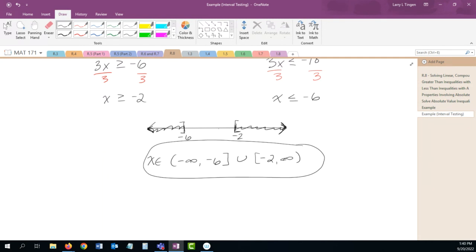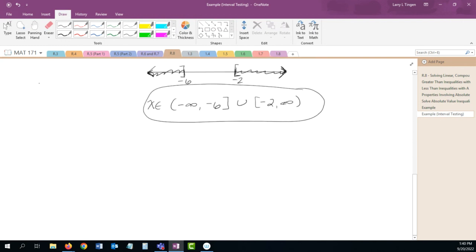And if I have a number greater than negative 2, it is a solution. So we can do a check of our intervals to see if we're right. So this left-hand side, I'm going to pick a number in there. I'm going to pick negative 10. And based on our answer, negative 10 is in the solution set.